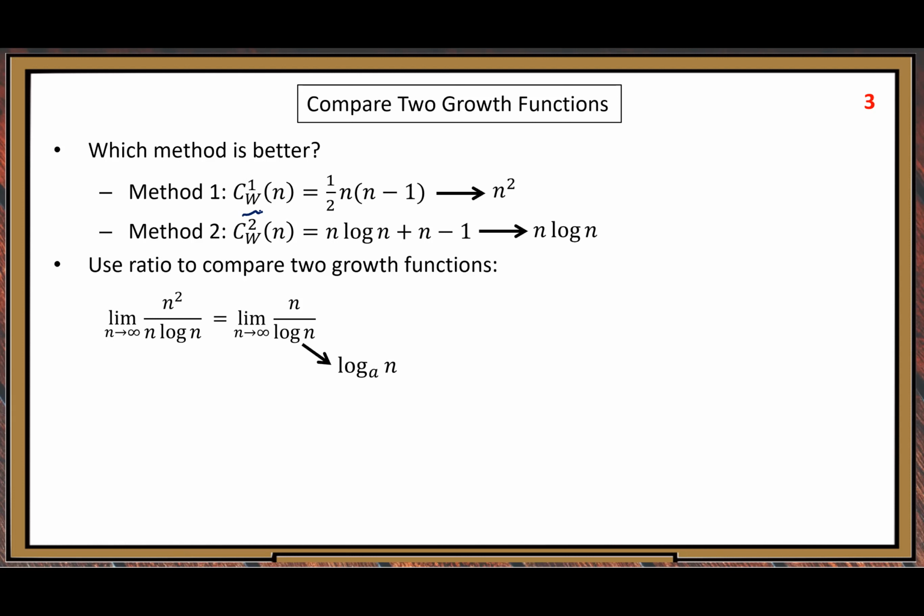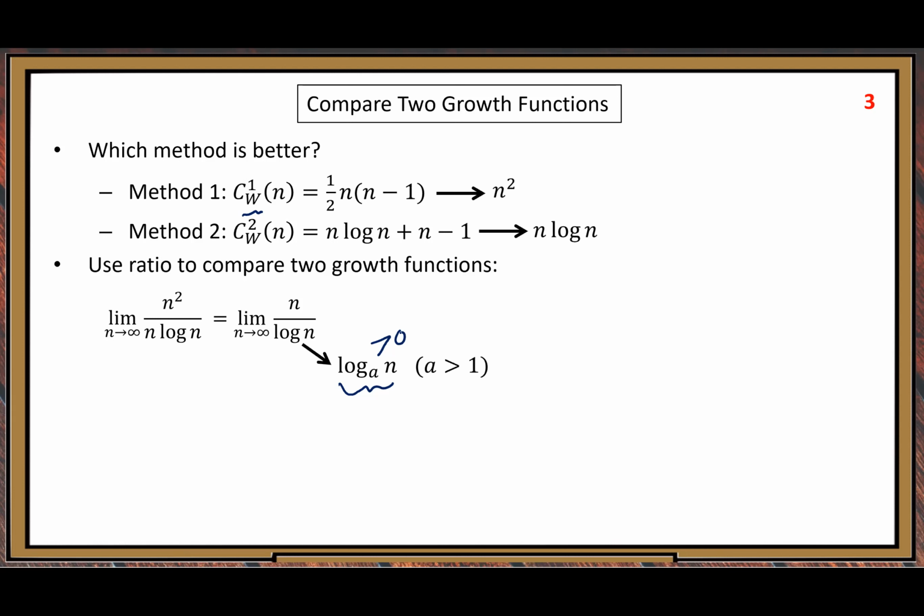Here we can consider the general log base a, and we take a greater than 1, because only when a is greater than 1 is this function positive. Otherwise it's negative, and if your growth function is negative, it does not make sense. So we take the growth function positive.